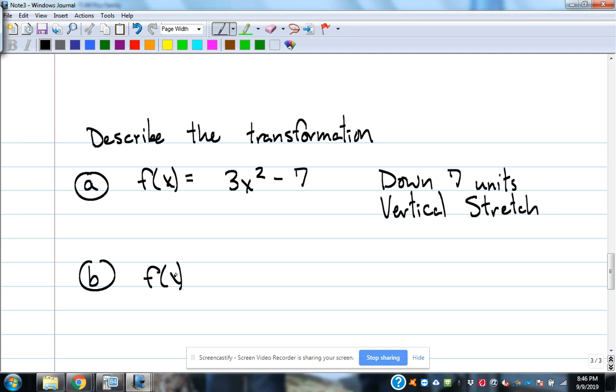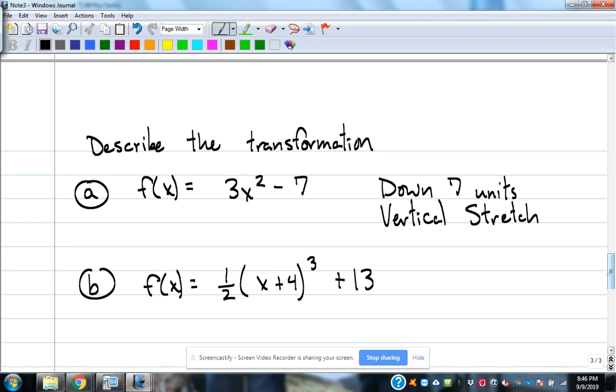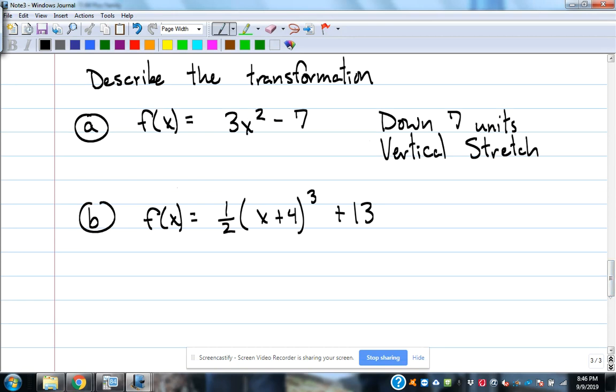Take this one. 1/2 parentheses x plus 4 to the third power plus 13. Okay? This one has a lot going on. So we can take it one step at a time. What's the plus 13 on the outside do? Up 13.